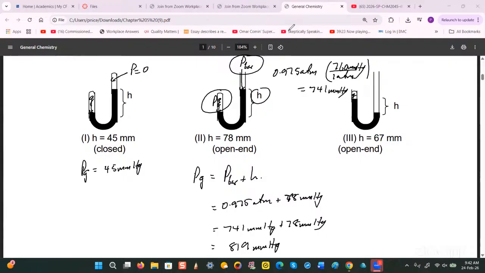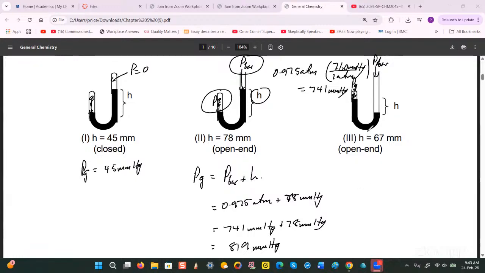Okay, so let's look at the third U-shaped tube to the extreme right in this diagram right here. So again, you're going to have your gas trapped in this side here, and that gas will exert a pressure on the surface here. You'll also have the barometric pressure, P bar, exerting its pressure on the surface of the mercury on the other side, right?